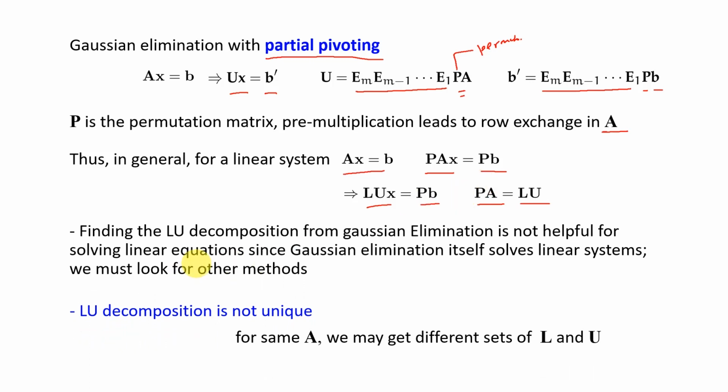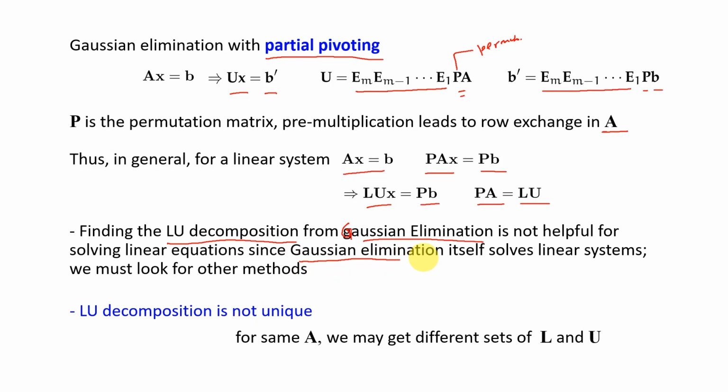Now we have the idea that if we can have Gaussian elimination, we can have LU decomposition as well. But how do you find the LU decomposition? So far we have arrived at LU decomposition from Gaussian elimination, but this is not an efficient procedure, because Gaussian elimination itself solves the linear system. So it is not necessary to use Gaussian elimination to find L and U and then to solve the linear system.